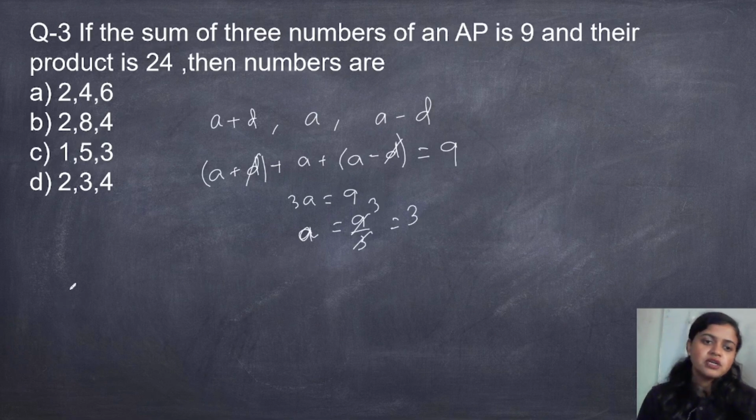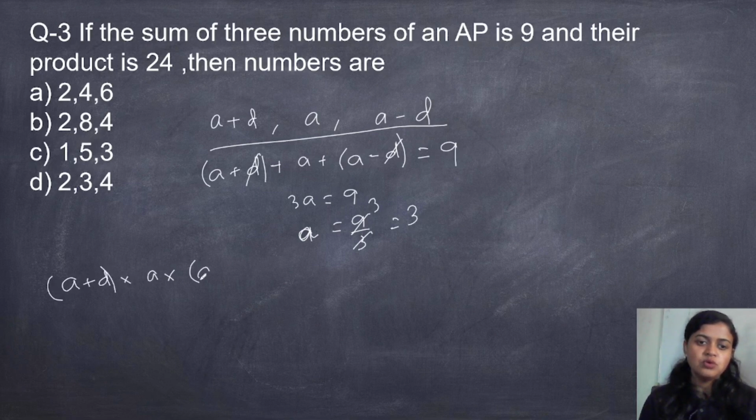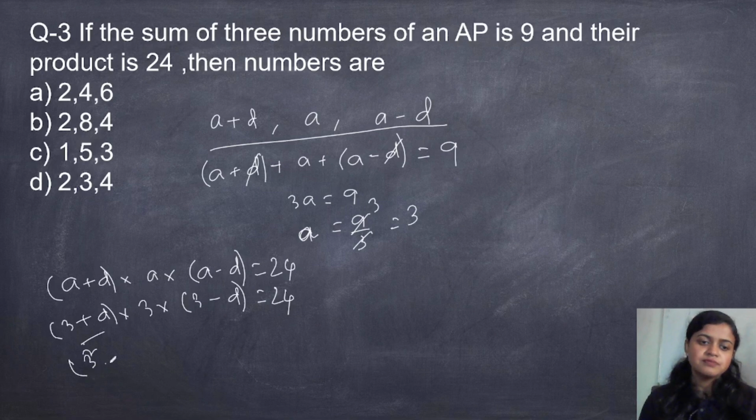The next condition is that the product of these three numbers is 24. So a plus d into a minus d into a equals 24. Since a is 3, 3 plus d into 3 minus d into 3 equals 24. By the formula (a plus b)(a minus b), we get 3 squared minus d squared, into 3, equals 24.